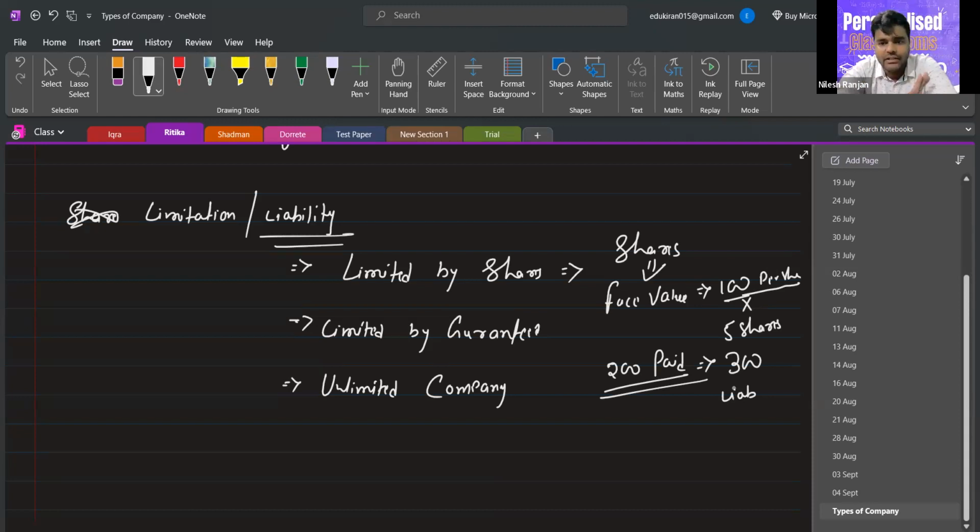At any time, the company can demand it. So this is your guarantee given to the company. If the company needs any money, let's say 10,000 rupees, they can ask you only for 5,000 because you have given a guarantee for this amount.